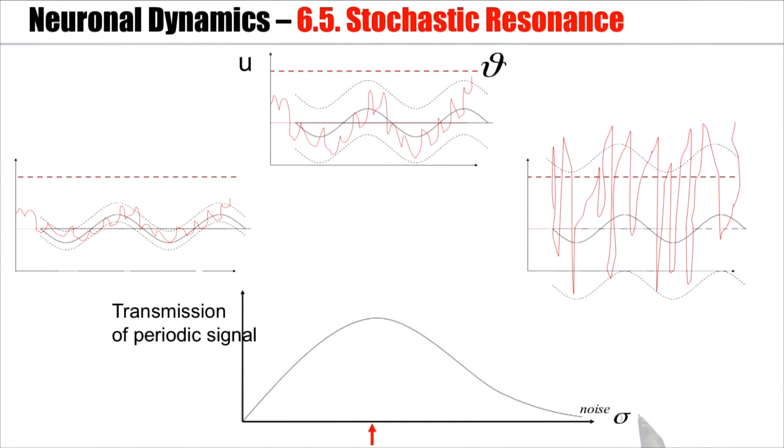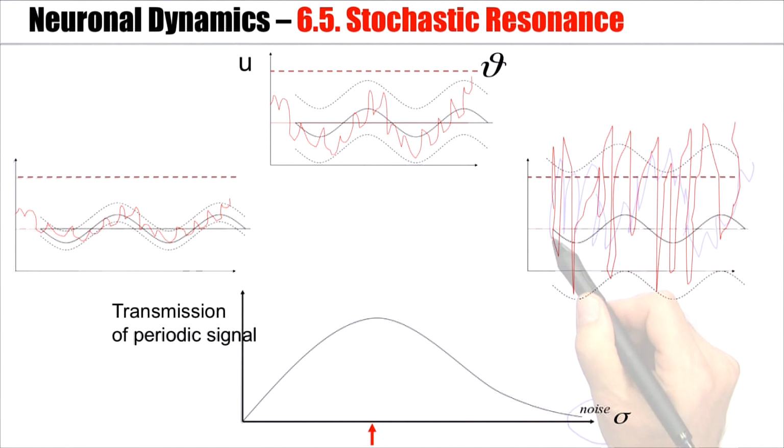Now let's see what happens if we change the noise. So I plot here the noise level of my noisy input, while the periodic deterministic input current is always the same. If the noise level is big, then my trajectory fluctuates wildly up and down.